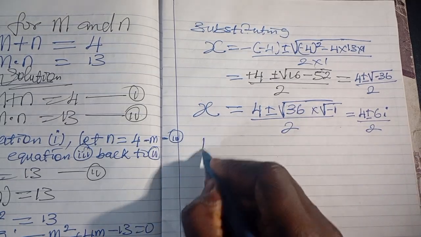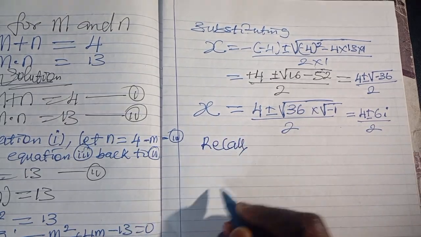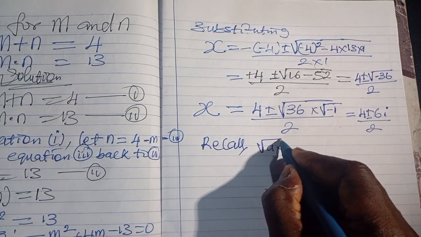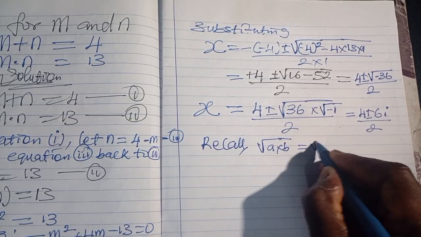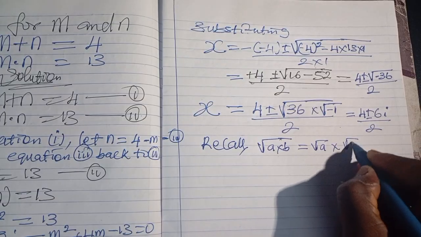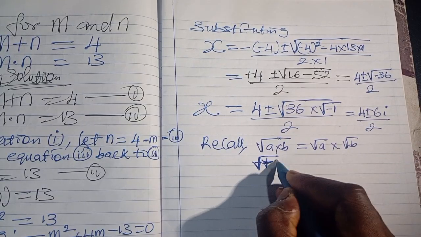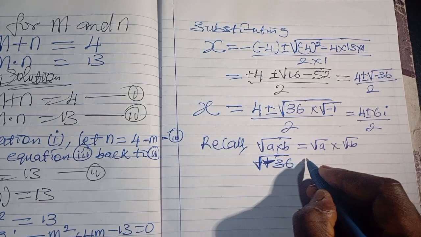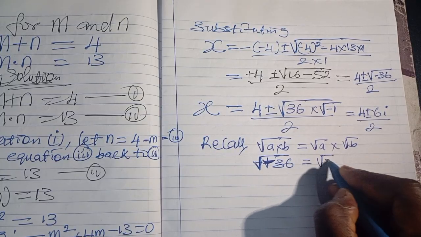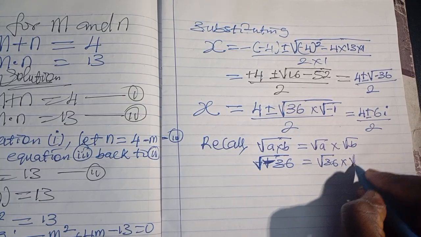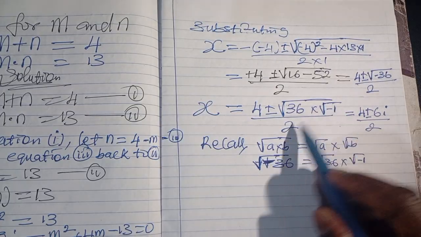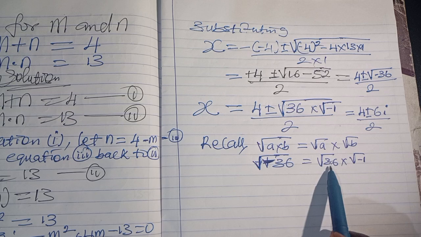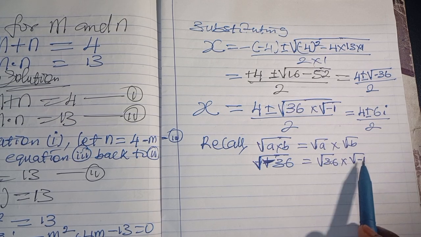What I have done here, recall in surds that root of A times B is the same as root A multiplied by root B. So root of minus 36 is the same as root 36 multiplied by root of minus 1. That is what I have done here and here.